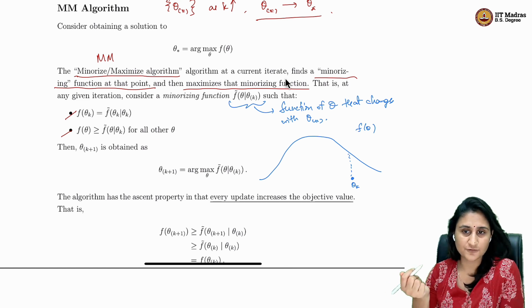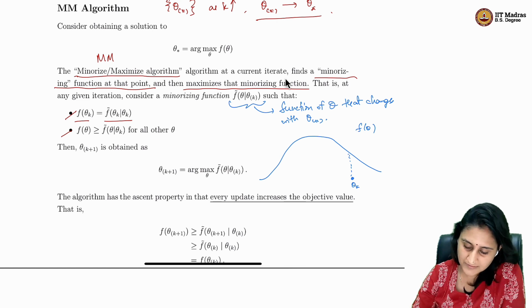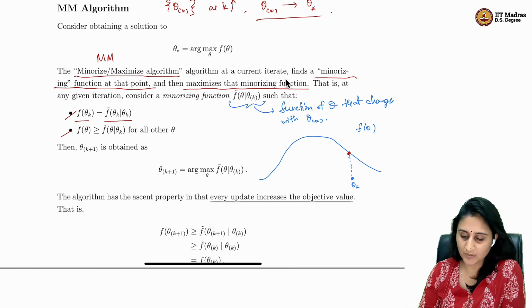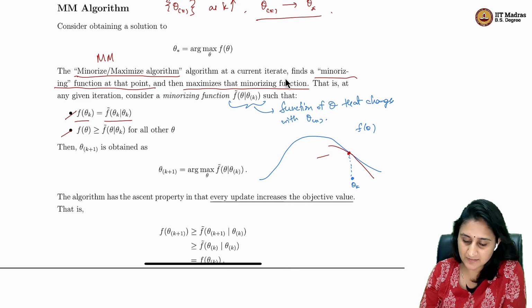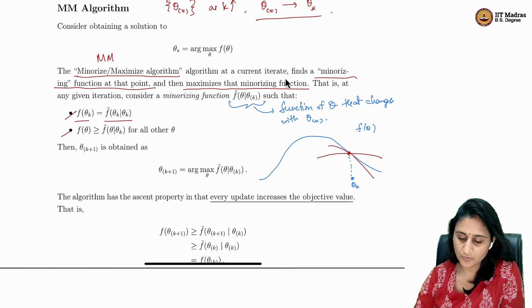Now, the minorizing function is such that f of theta k is exactly the same as f tilde of theta k. What is f of theta k? It is this over here. That means the minorizing function f tilde of theta passes through this point. Now, will it pass like this, like this, like this? We don't know, but it will pass through this point.